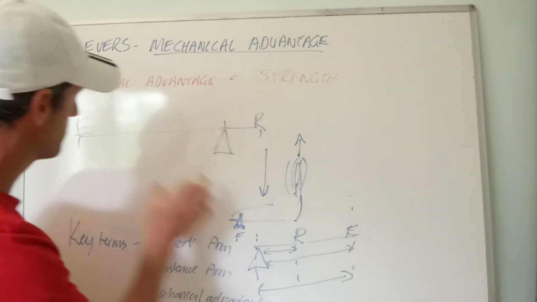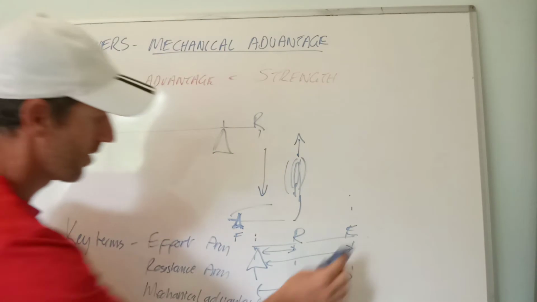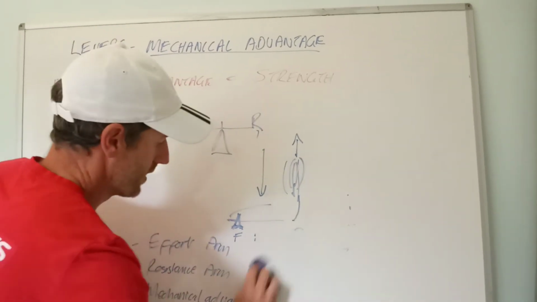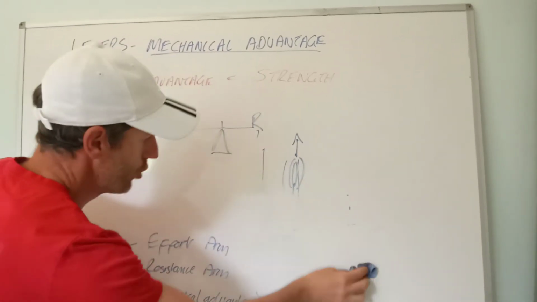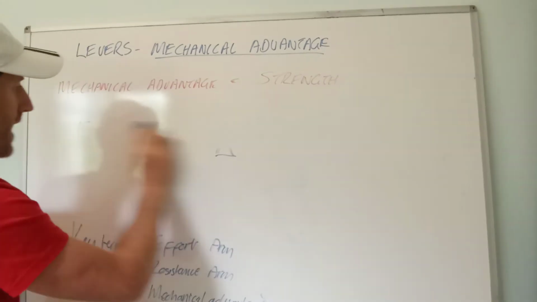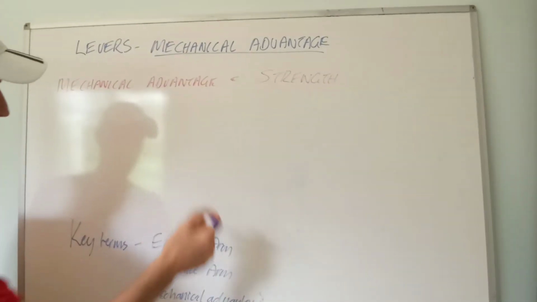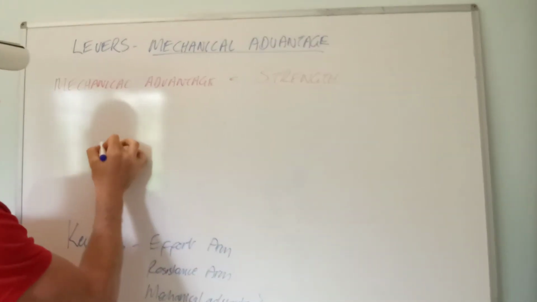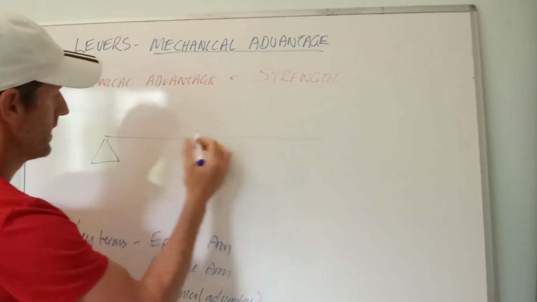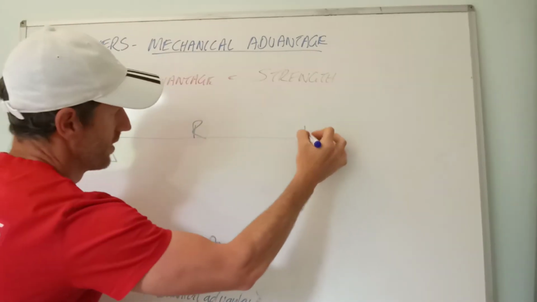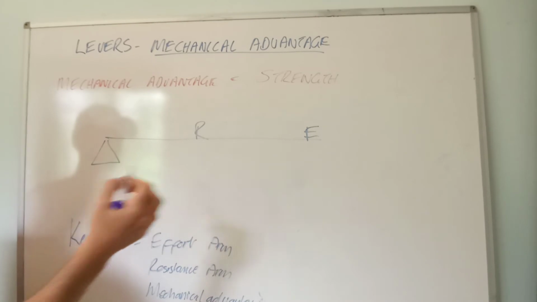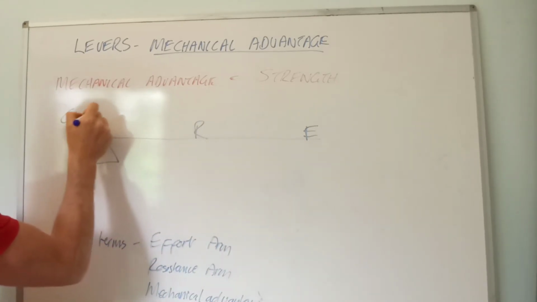The effort arm is longer than the resistance arm, meaning that in a class 2 lever system, you have a mechanical advantage of strength. I'll do that again. Class 2 lever system is resistance, effort. It happens in the ankle, class 2.